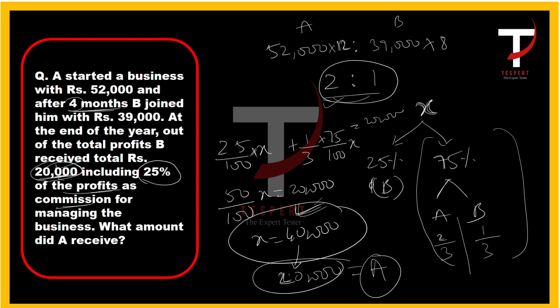So as far as CAT is concerned, ratios is a must do topic. Do not skip any topic in quant for CAT, because we cannot predict the paper. Of course, we can estimate that from arithmetic, there will be around 12 questions that appear in CAT every year, and from algebra we can expect at least 8 to 10 questions.